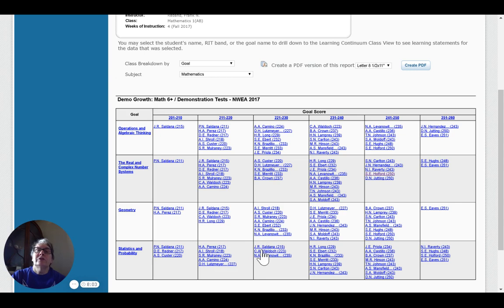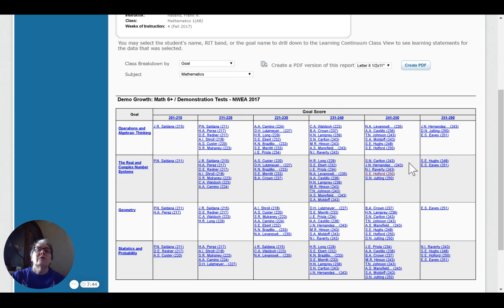So compared to his classmates, Mr. Saldana is slightly weak in operations and algebraic thinking, something that he needs to work on. He scores a little better in geometry and real and complex numbers, and his strength happens to be in statistics and probability.